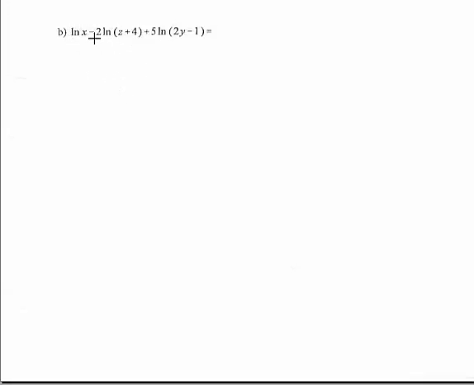First thing you want to take care of are the factors in the front of the log, the 2 and the 5 in this case. We'll take the numbers in front of the logs and rewrite them as the exponents of the argument.